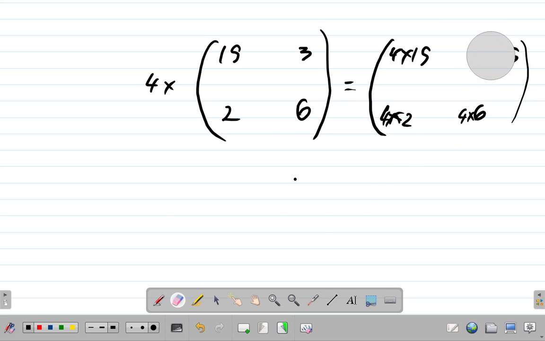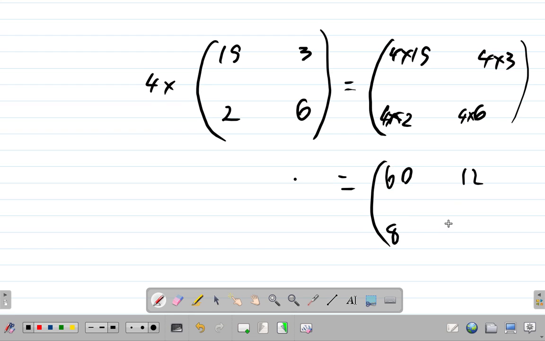So 4 times each. So what you have is 4 times 15, 60. 4 times 3 is 12, 4 times 2 is 8, and 4 times 6 is 24. So there you have it.